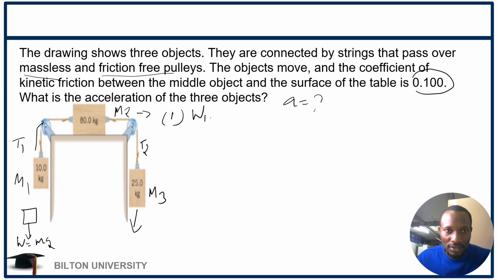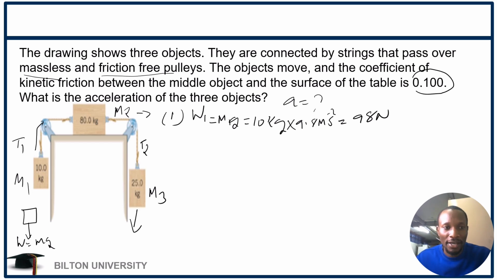So W1 is mass 1 times g, where m is the mass of the object, which is 10 kilograms, and g is the acceleration due to gravity, acting downwards, 9.8 meters per second squared, and that gives us 98 Newtons. Another force acting on M1 is the tension, acting upward, which we name T1.